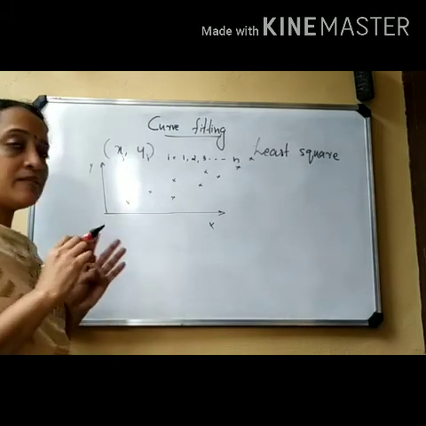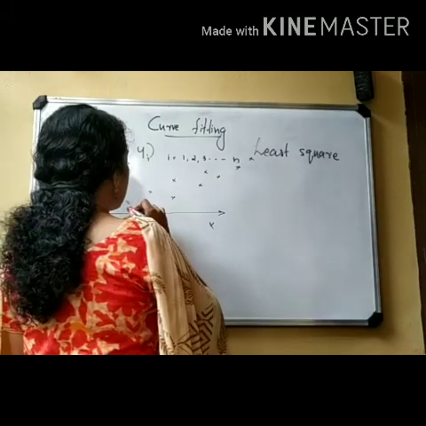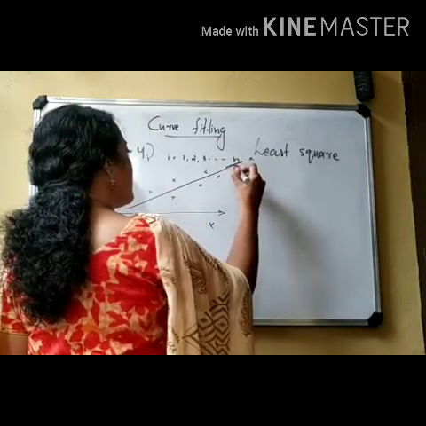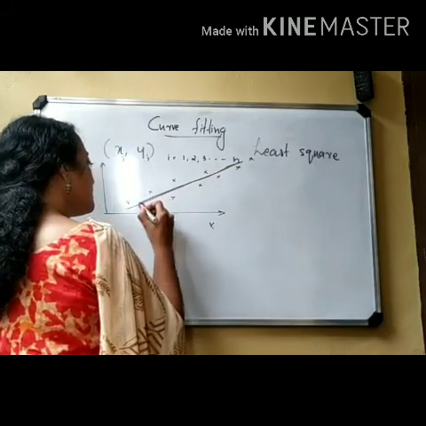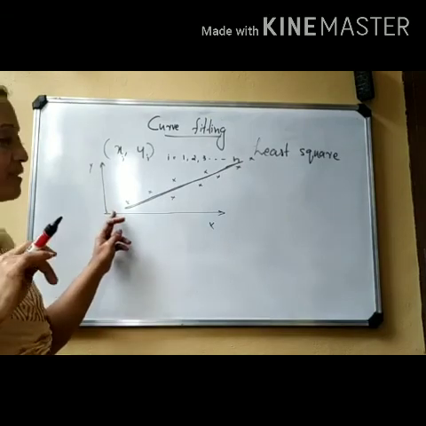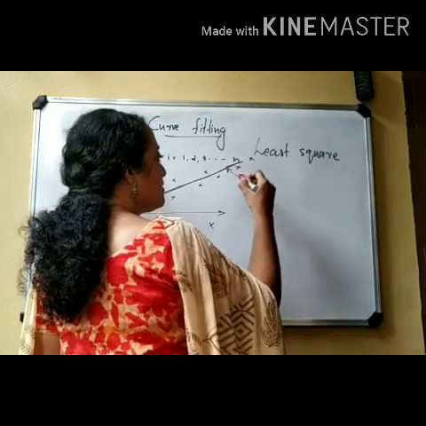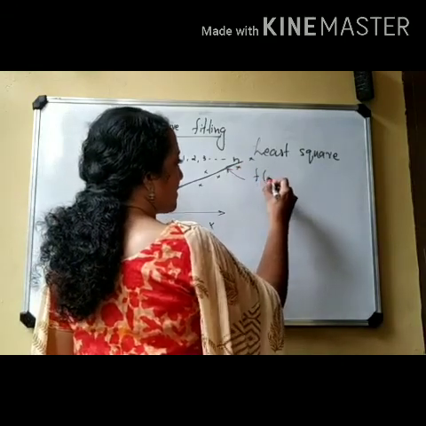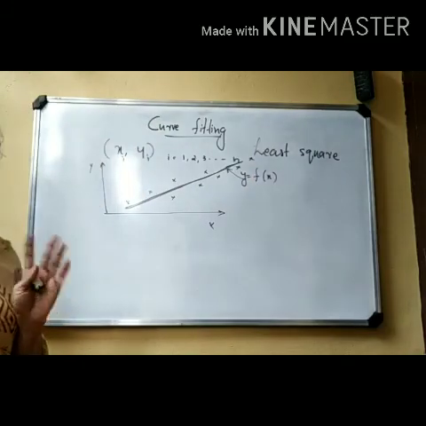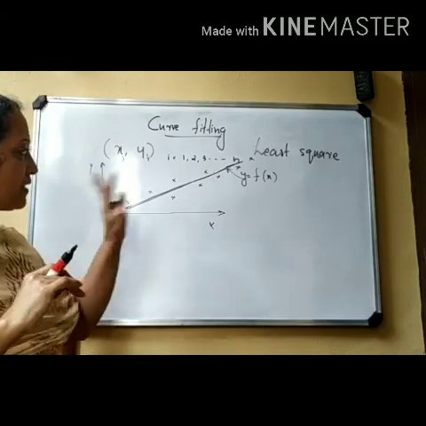Now in linear least square fitting, we will use a function or equation which matches well with the given values. It is not necessary that the function should pass through the given data points, and this is our fitting function f of x, that is y is equal to f of x. This is the fitting curve. Here we are using a straight line to fit the given data points.